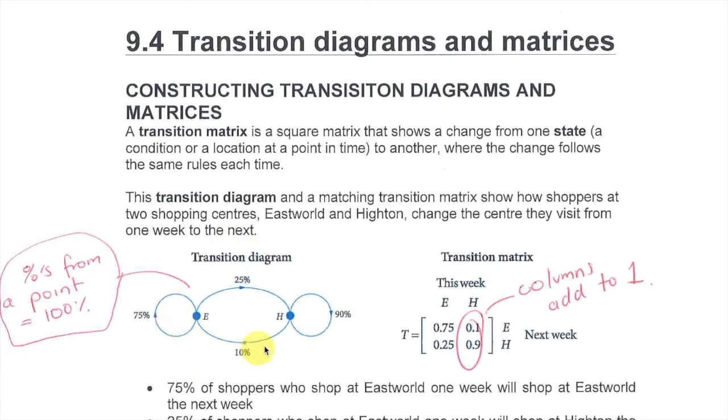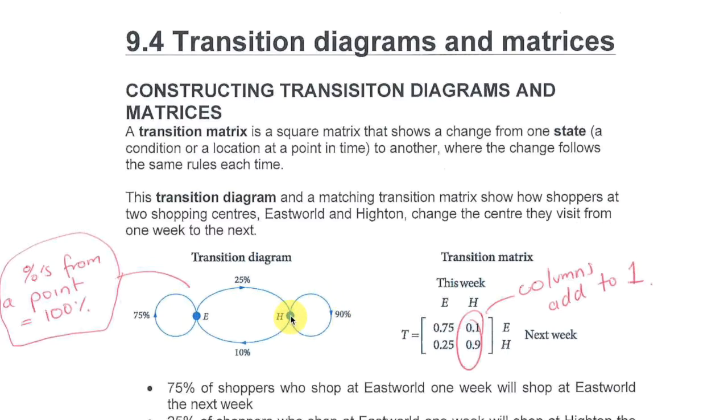So this left-hand side here is a transition diagram. You'll notice that we have 2 points which represent the two shopping centres, shopping centre E and shopping centre H. We have lines moving away from those points, and there are percentages on those lines.